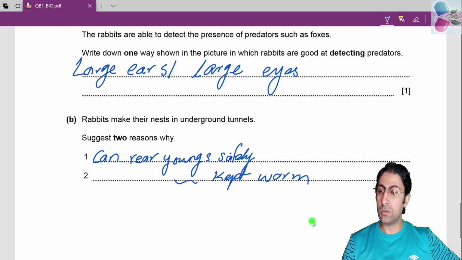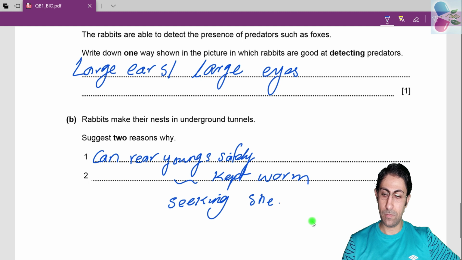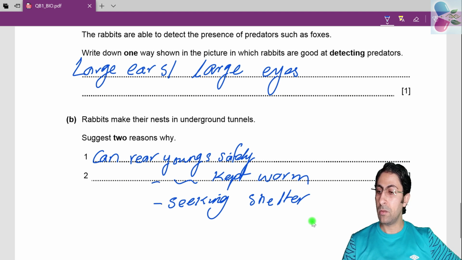You can also say seeking shelter, and that will be accepted. All of those are considered valid marking points. You can also say to breed underground.